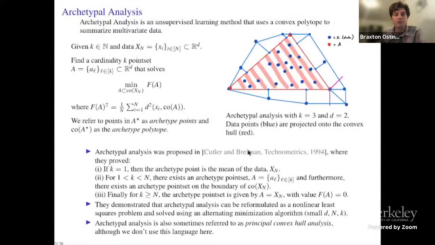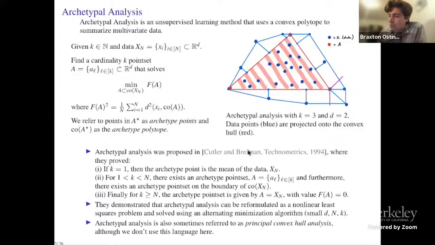Okay, so let me first introduce archetypal analysis. This is an unsupervised learning method that uses a convex polytope to summarize multivariate data. You're given data, n points in R^d, and we're going to summarize this using a convex polytope with k vertices. k is fixed, and the vertices we label with this capital A, like here.